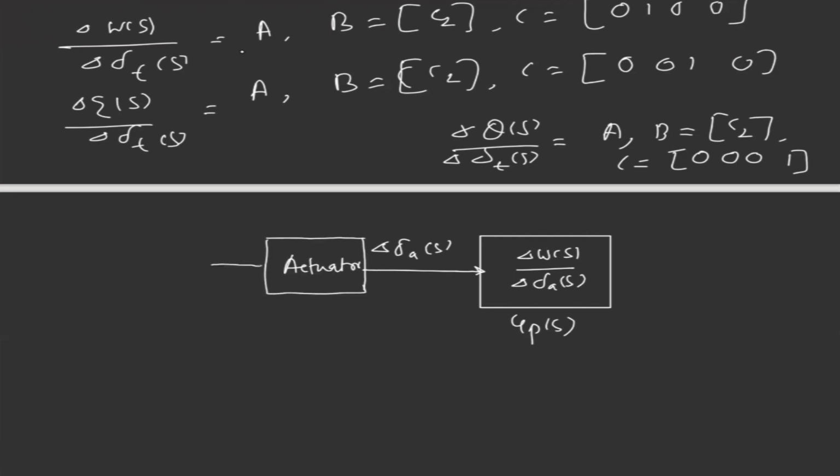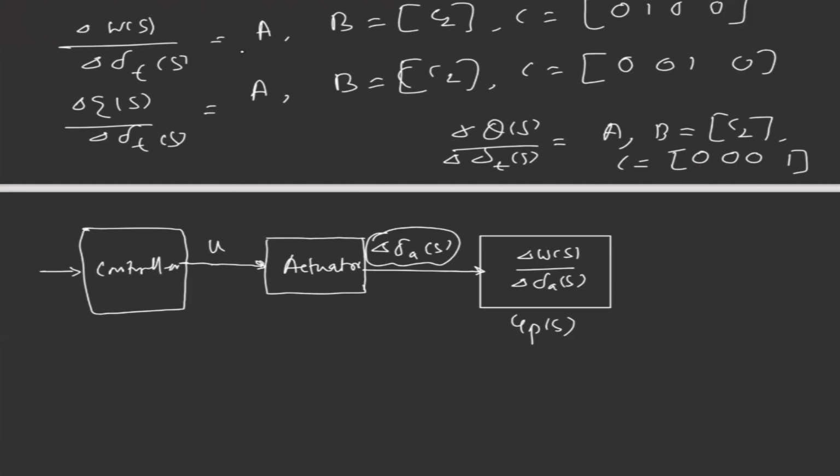Into the actuator we can apply some control U. It can be in terms of voltage, because we are controlling the motor, which can provide the required torque to the system.